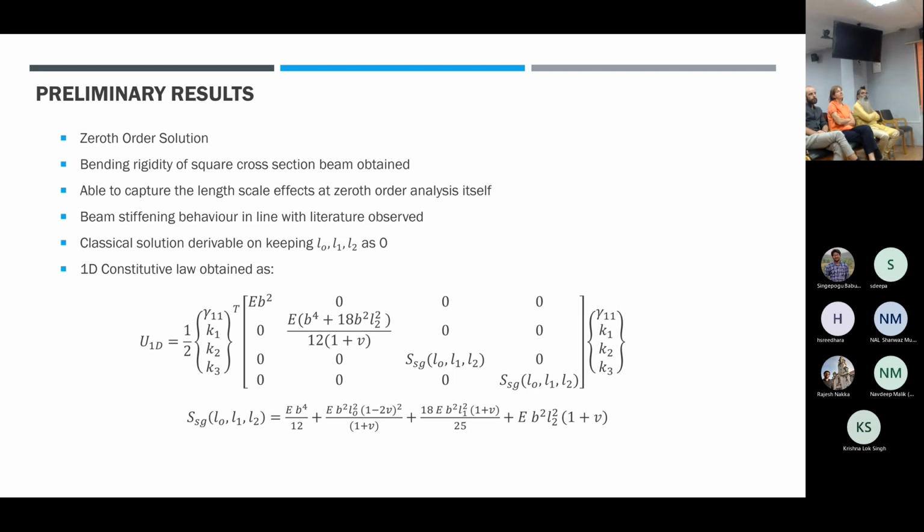We obtained this 1D constitutive law, where for axial extension, the stiffness value is the same as the classical. But for torsion, we have the L2 parameter, which is additional. Similarly, for bending, we have this stiffness expression, where this is the classical stiffness formula, and then L0, L1, and L2 correspond to different additional stiffness terms.